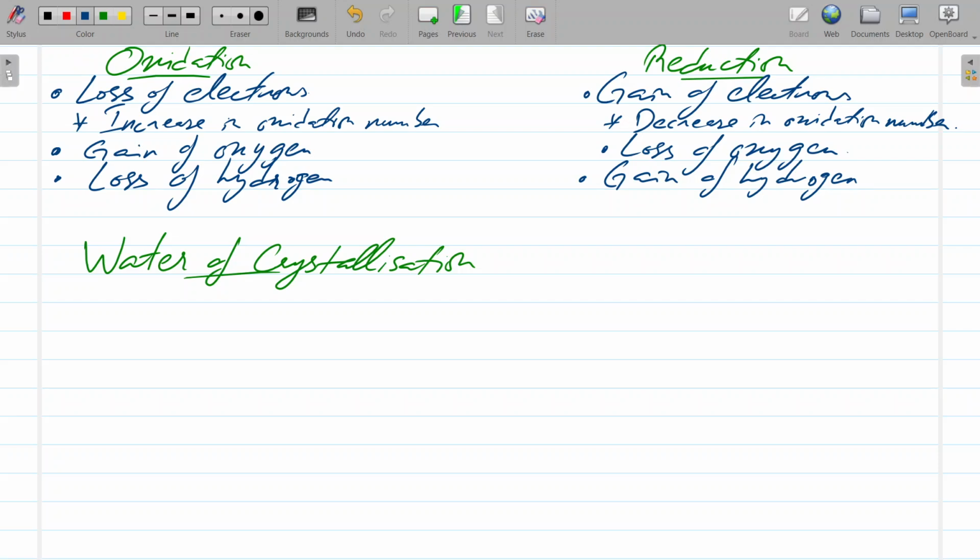So what happens? Sometimes crystals of salts, when you dry them out, right, when the precipitate forms and you filter them and you dry them with the tissue and everything, sometimes they form without water.